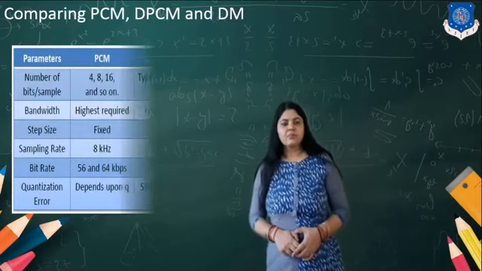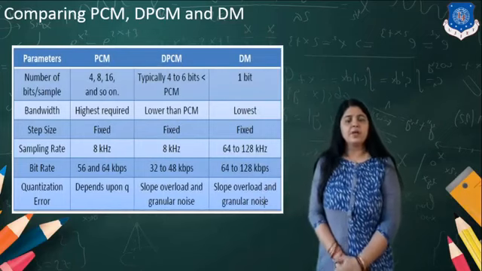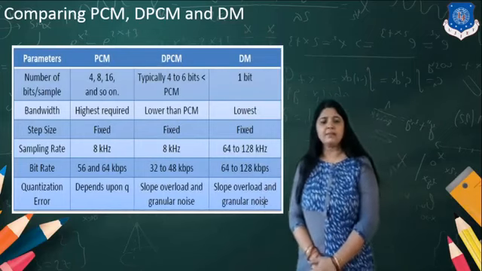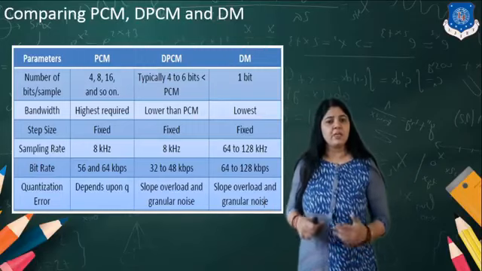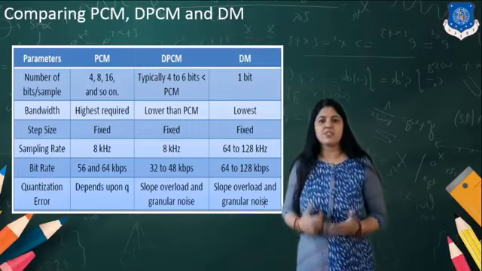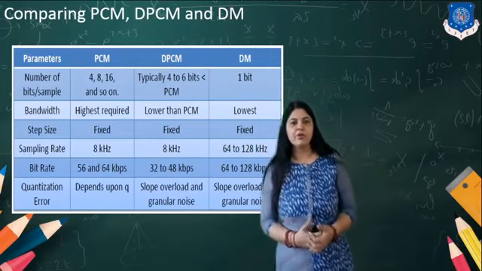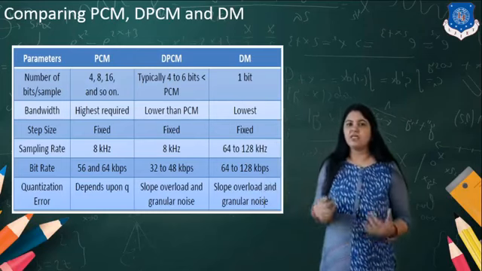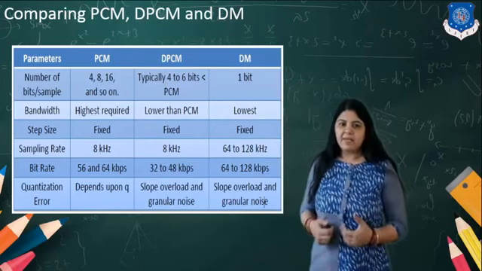Okay, so this is the comparison between PCM, DPCM and delta modulation. The number of bits per sample in PCM is 4 bit, 8 bit, 16 bit and so on, as we discussed. In DPCM, typically 4 to 6 bits, comparatively lesser than PCM.